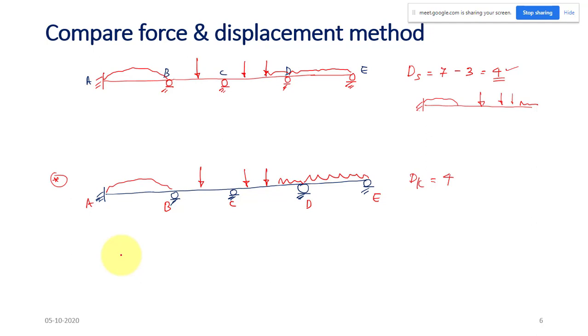The first step is the kinematic indeterminacy we found out, and the second step is, here identify the redundant forces, and here identify the redundant displacement. That is the second step.